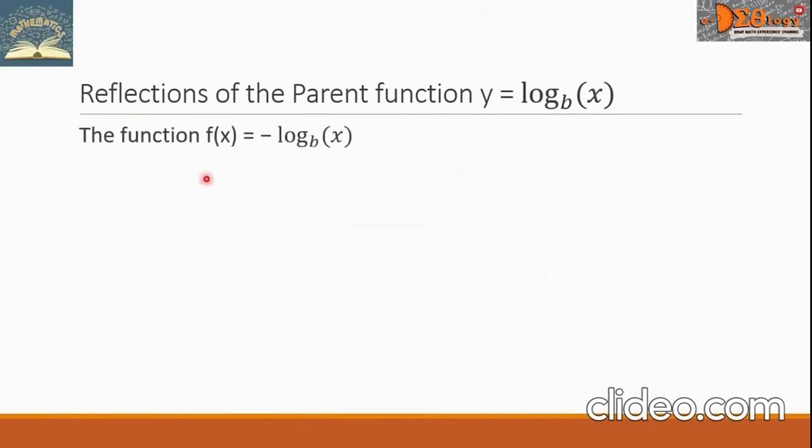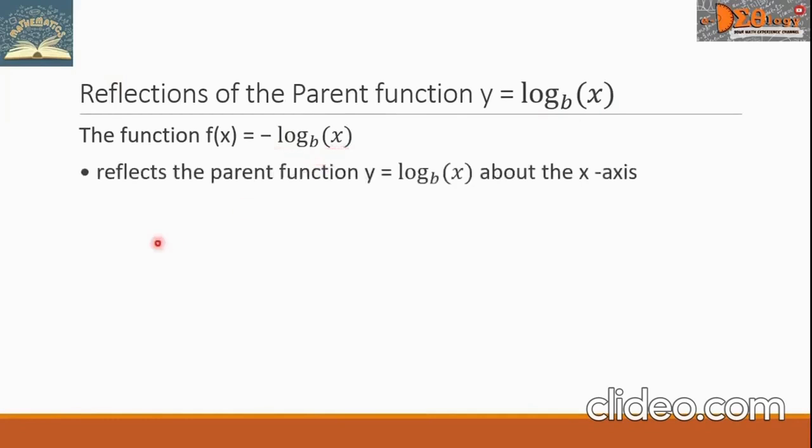The function f of x equals negative log of x to base b reflects the parent function y equals log of x to base b about the x-axis. Let's see one example. g of x equals negative log of x to base b.